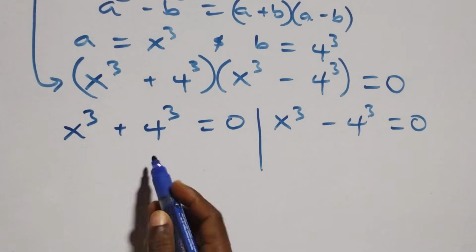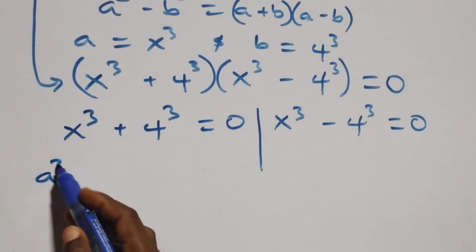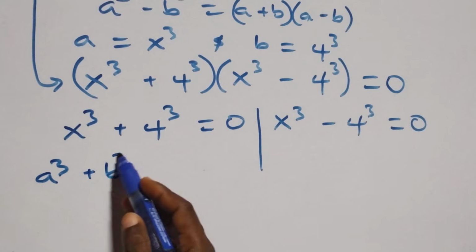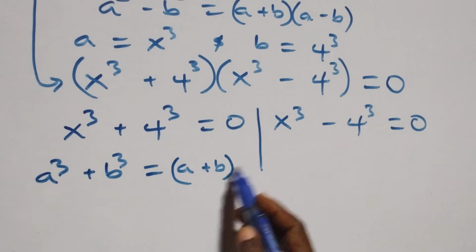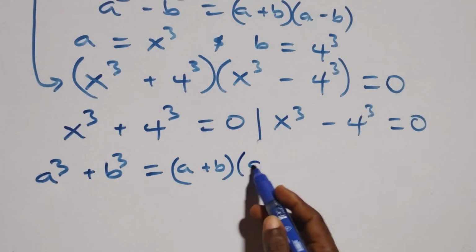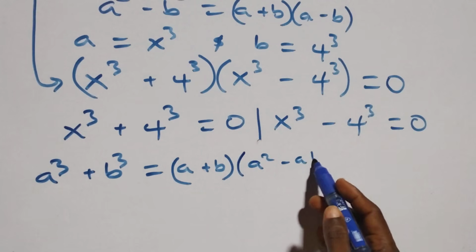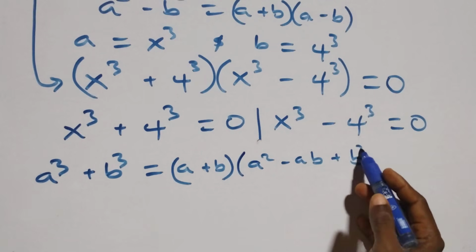Then solving on this side, this follows when we have a raised to power 3 plus b raised to power 3, which is the same thing as a plus b into open bracket a squared minus ab plus b squared.